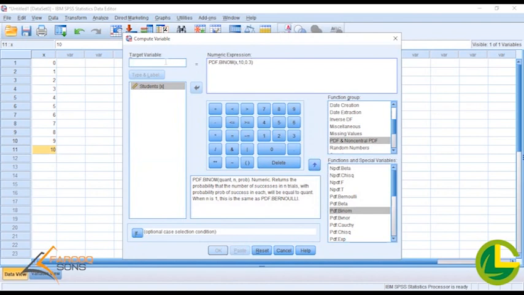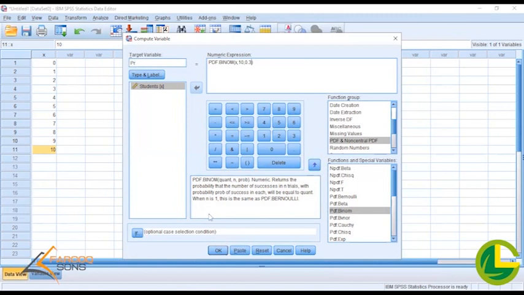Now, there is a target variable. The target variable means where in SPSS you want to put the answer of this distribution, the probability of this distribution. So I am naming it PR. PR is probability, and you can write anything.